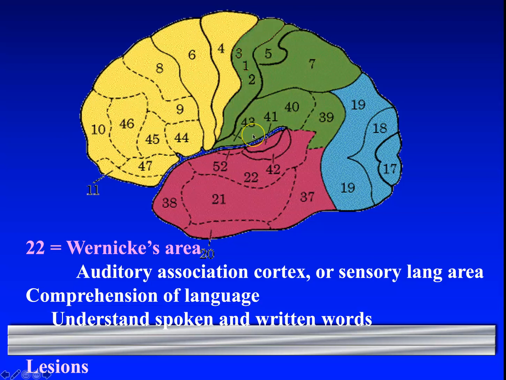Wernicke's area is area 22. This is Wernicke's area, and it's sometimes called the sensory language area or the auditory association cortex. This is really important in language and understanding language.